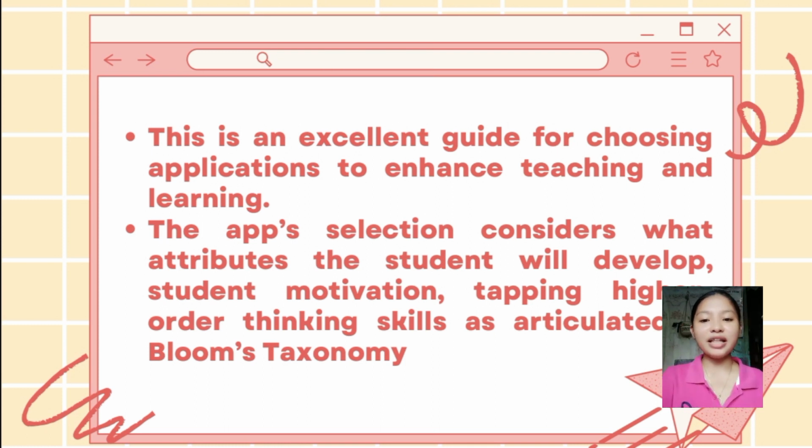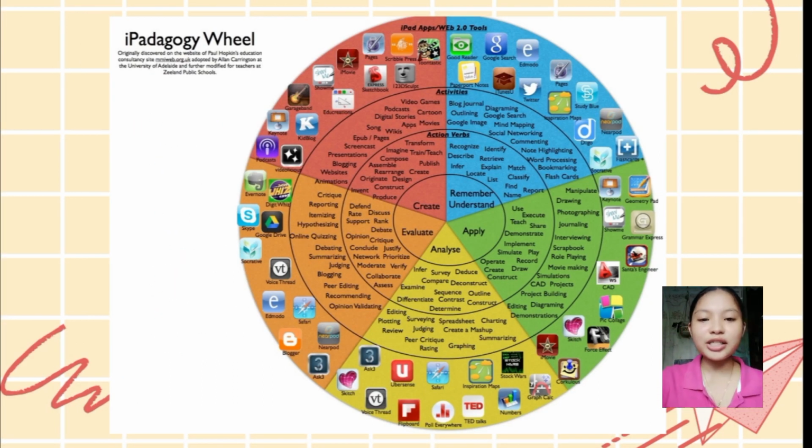The app selection considers what attributes the students will develop, what the students can contribute to the development, student motivation, and tapping higher-order thinking skills as articulated in Bloom's taxonomy. In the next slide, you can see the whole Pedagogy Wheel model of Alan Carrington.